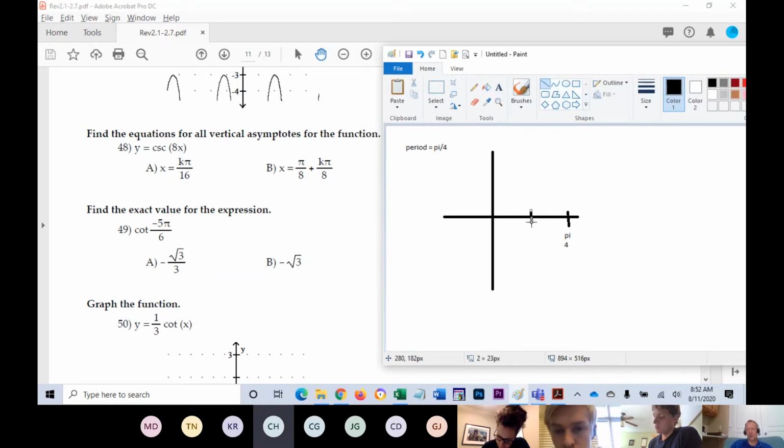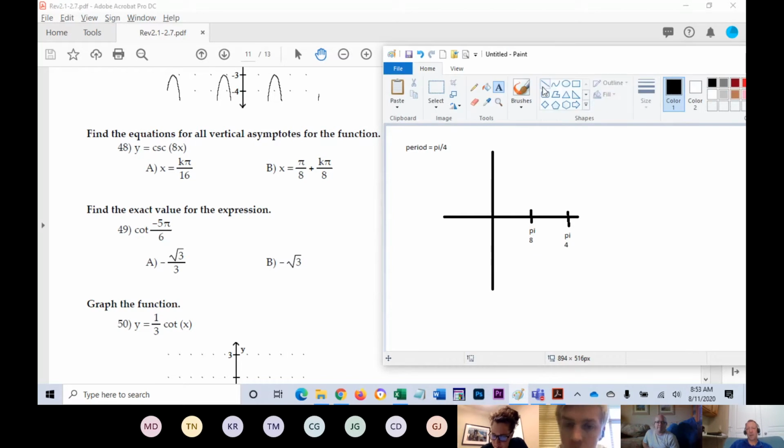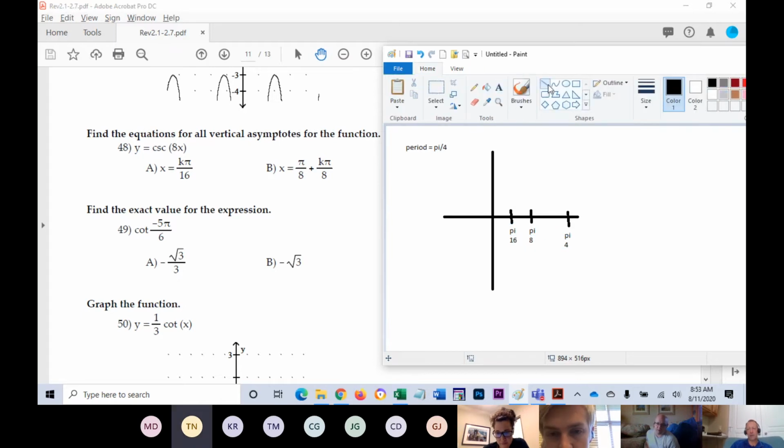It would be pi eighths, right? Correct. Then the quarter marker would be pi sixteenths, and the three-quarter marker would be 3 pi sixteenths.